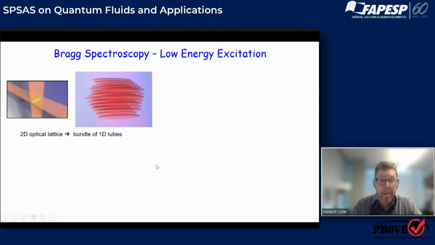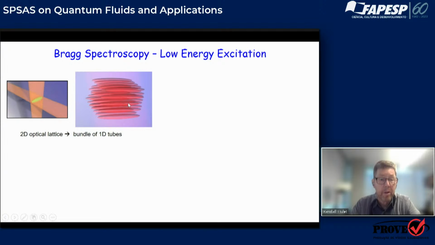So how can you measure this dynamical structure factor? Well, you can use something called Bragg spectroscopy. So the idea, in these cold atom experiments, is to use a two-dimensional optical lattice that produces a two-dimensional array of one-dimensional tubes.